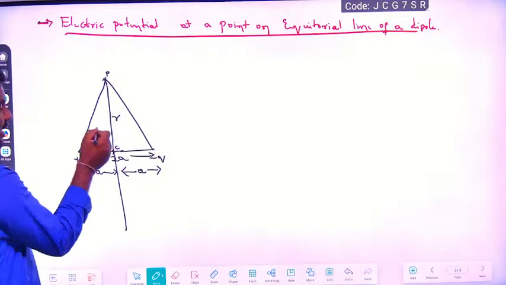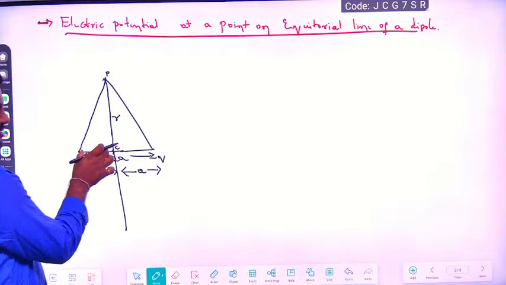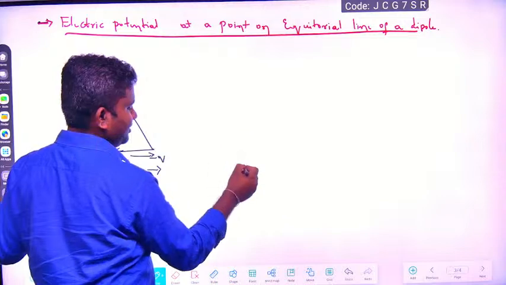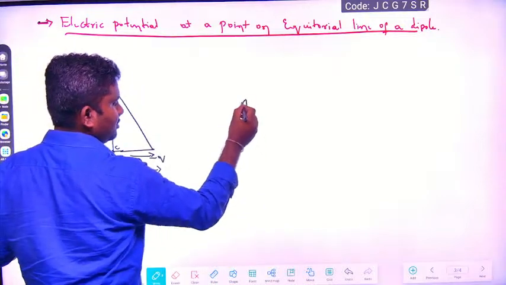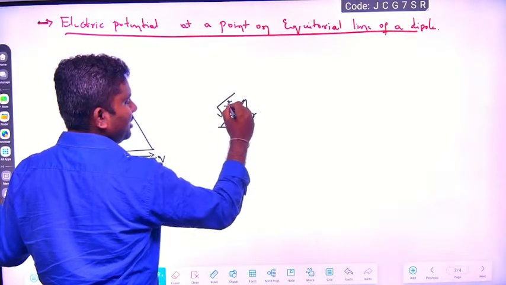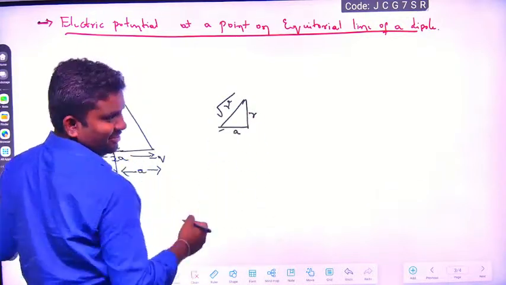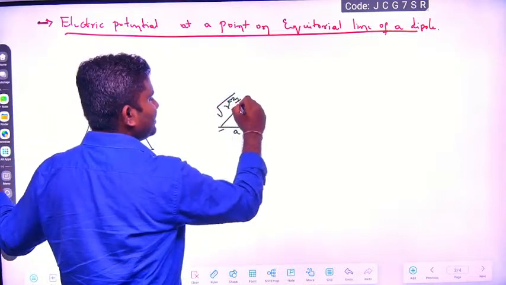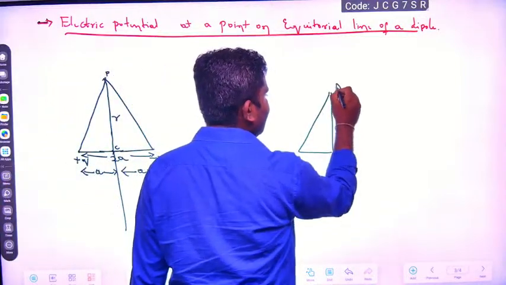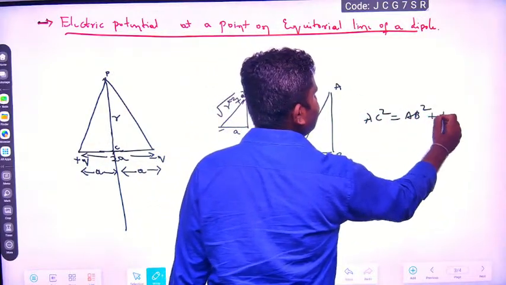Now, if this is r and this is a, what is this distance? Take a triangle with vertices A, B, C. AC square is equal to AB square plus BC square, by Pythagoras theorem.